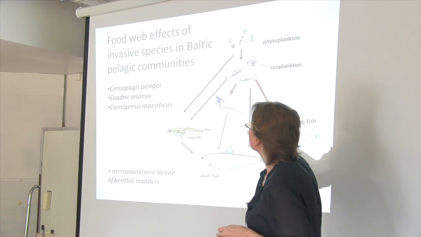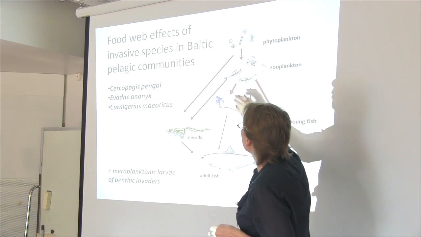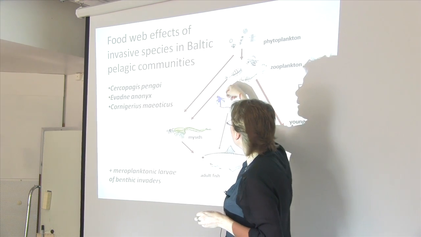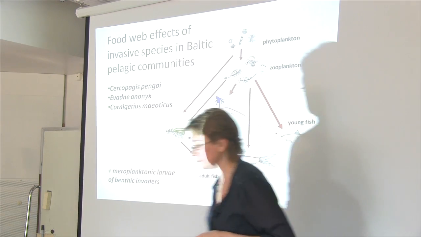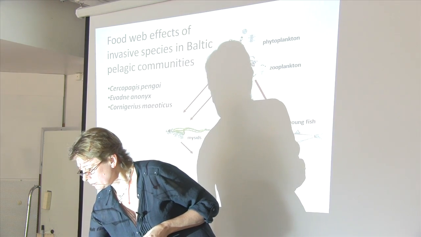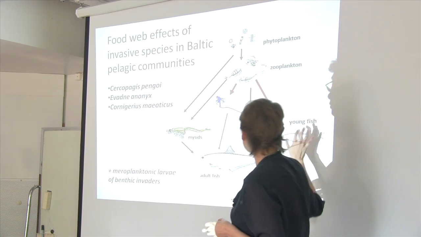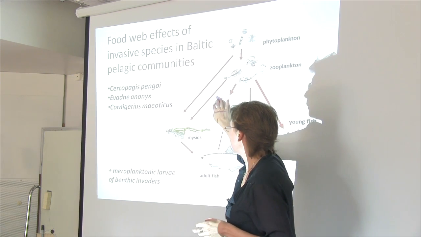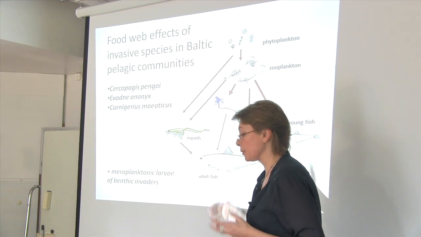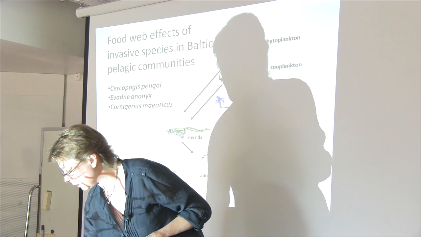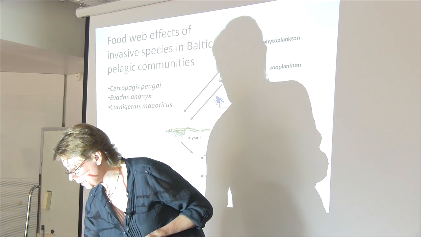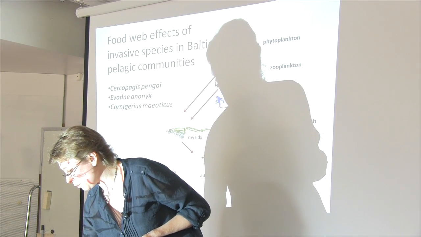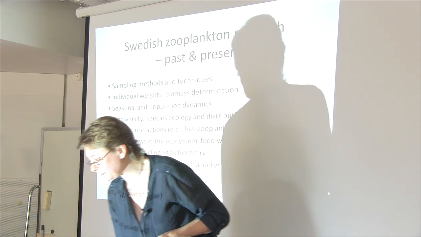Plenty of effects, and effects could be both bottom-up and top-down. For Cercopagis, we found that young fish are not suffering when it's controlled by large fish, which means that large fish stocks should be substantial to actually make this control.